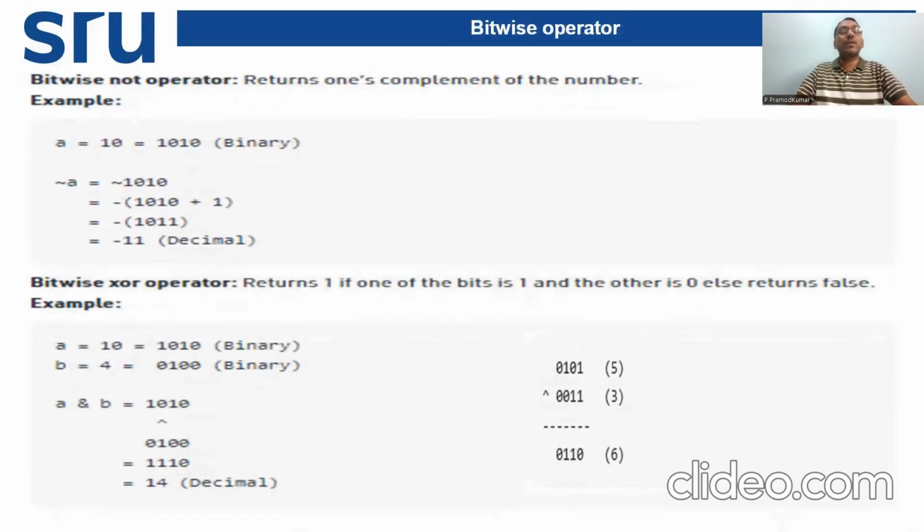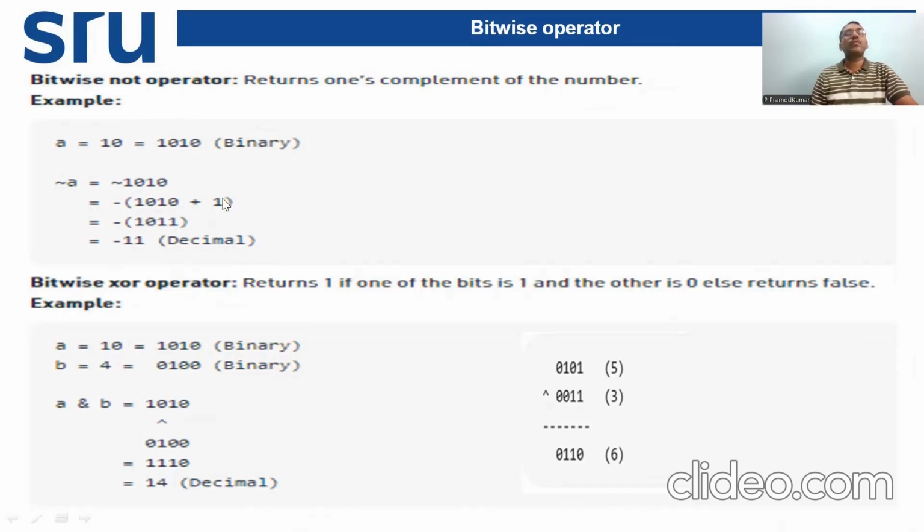Coming to the next example, this is bitwise NOT. So the bitwise NOT operator returns one's complement of the given number. Here I am giving a number as 10. So on it, the one's complement operation will be applied. One's complement operation means first the decimal value gets converted into binary.